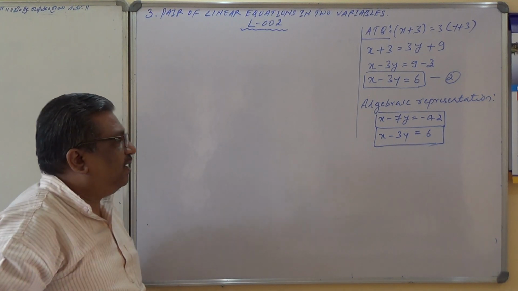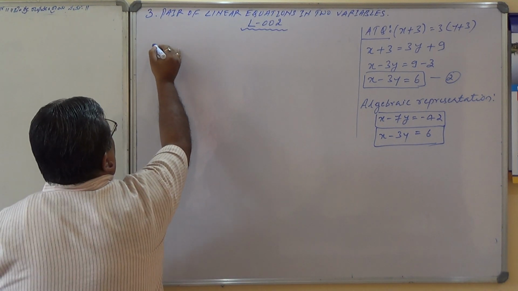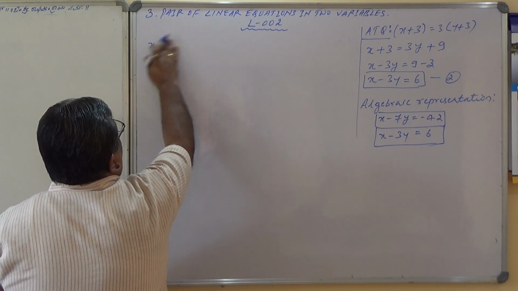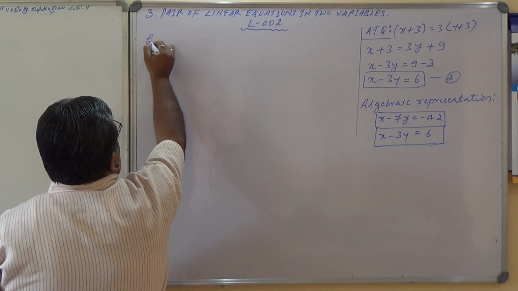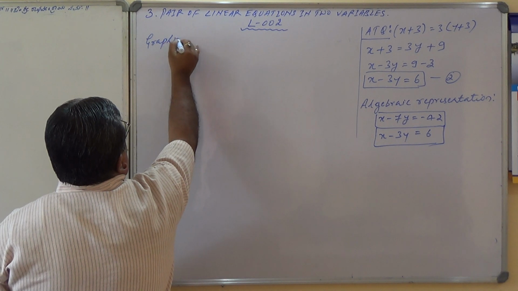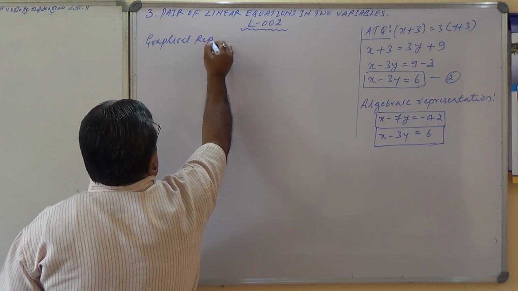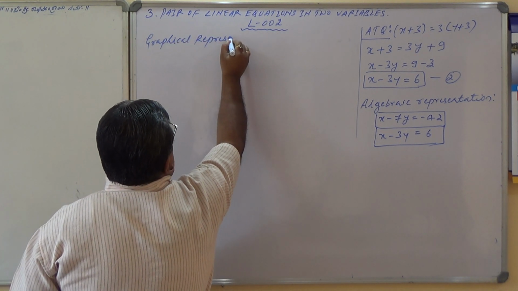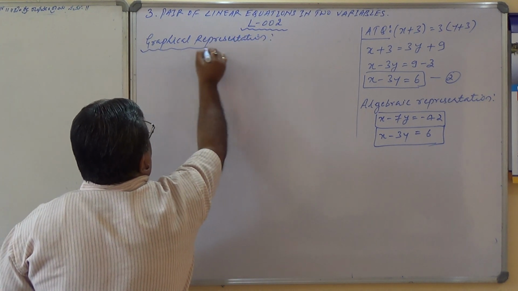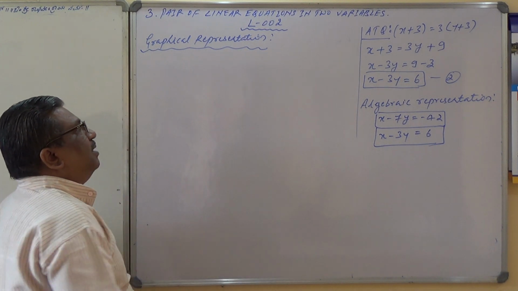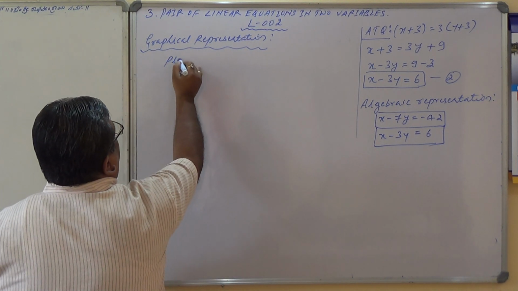The given equations are, first one, x minus 7y equals minus 42. Now I'm going to discuss the graphical representation. Graphical representation means plotting of graph.